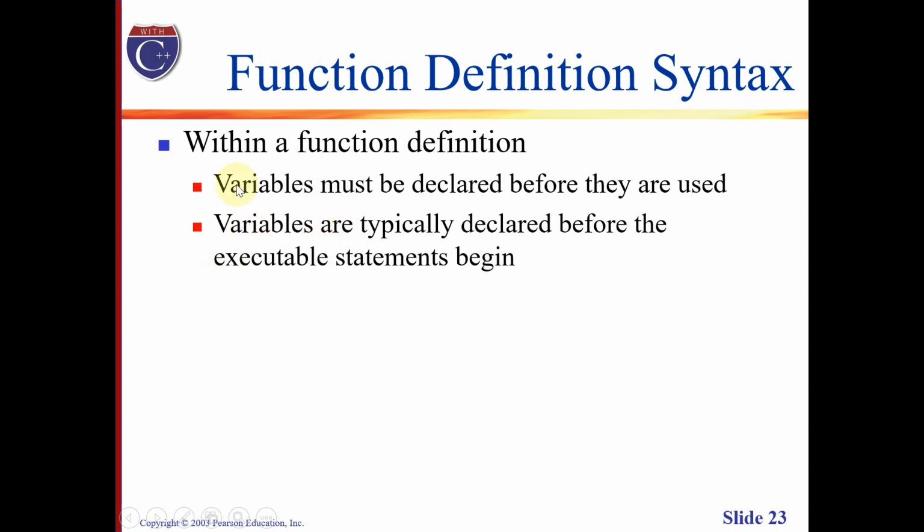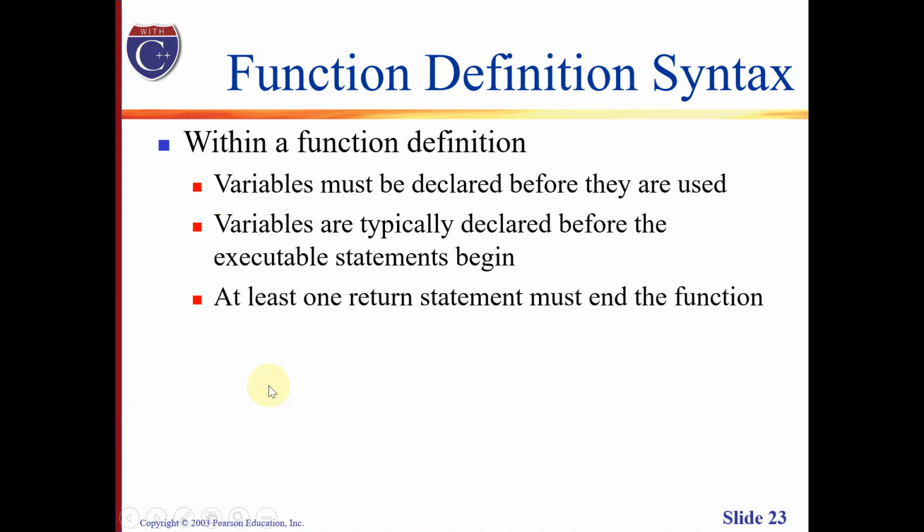Within a function definition, variables must be declared before they are used. Also, variables are typically declared before the executable statements begin. At least one return statement must end the function, although not all functions return a value. We will talk about more of that as we progress.